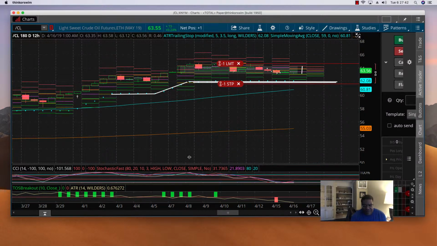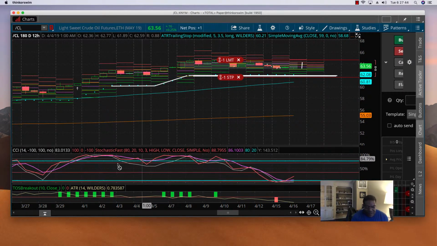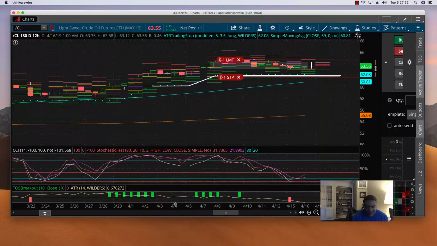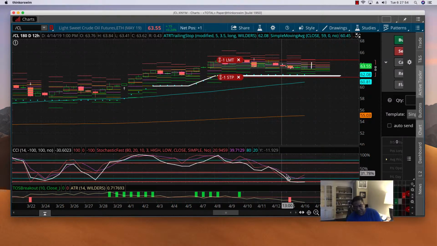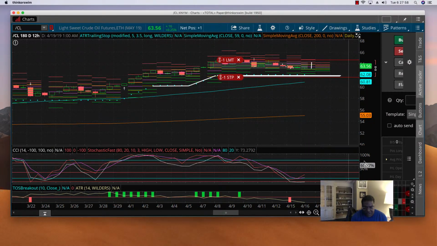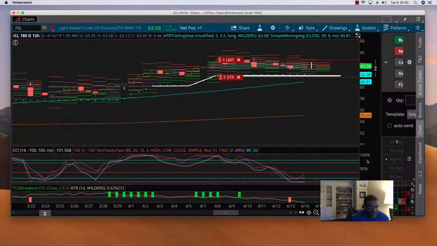And the stochastic can be helpful on this time frame. It's kind of blunt on this time frame, so very late to the entry, but it's useful. So right now the stochastic is showing that the market is oversold, negative 101 with the CCI, and usually it's around this point when we start looking for an entry.